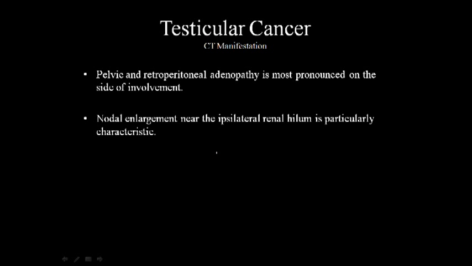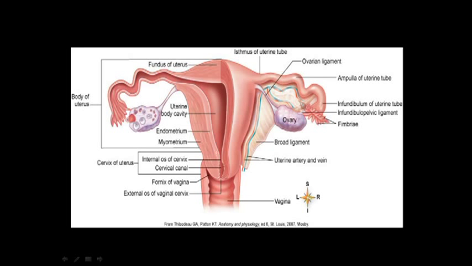If you were to do a CT of the pelvis, you see pelvic and retroperitoneal adenopathy, most pronounced on the side of involvement. So usually you're going to see something on the side where the testicular cancer resides. You may also see nodal enlargement near the ipsilateral renal column, which is particularly characteristic. You may see some type of nodal enlargement, but that's all you will see with testicular cancer.